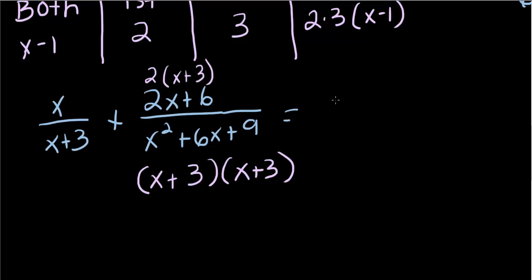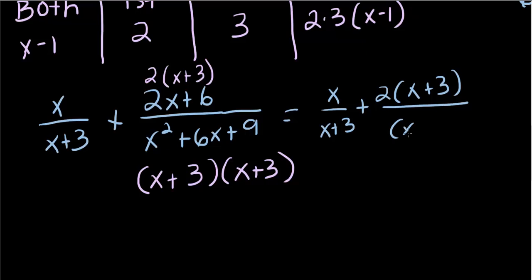I'm going to have this equals x over x plus 3 plus 2 over x plus 2 times x plus 3 over x plus 3 times x plus 3. So if you notice, I can cancel this one with this one, and that will make it a lot easier.